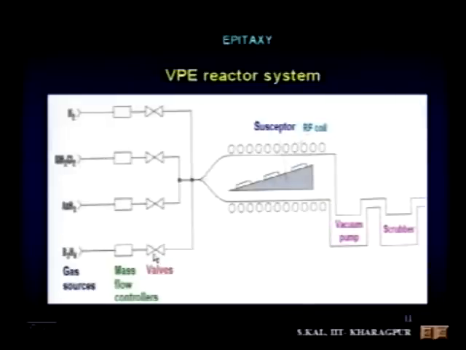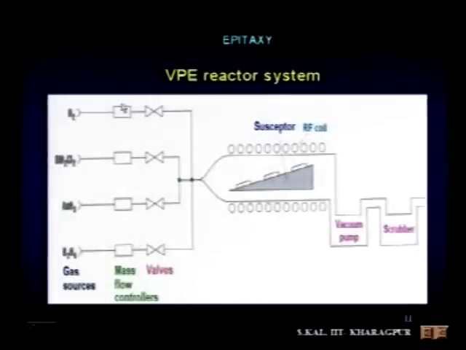So for that, two dopant gas connections should be there, either arsine for N type silicon or diborane for making P type silicon. So other than the gas source, you can see here two arrangements. One is valve and the other is mass flow controller. Those mass flow controllers basically regulate the flow of gases very accurately, because that will determine the partial pressures inside the reaction chamber.